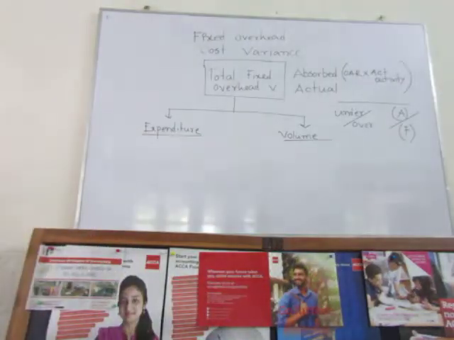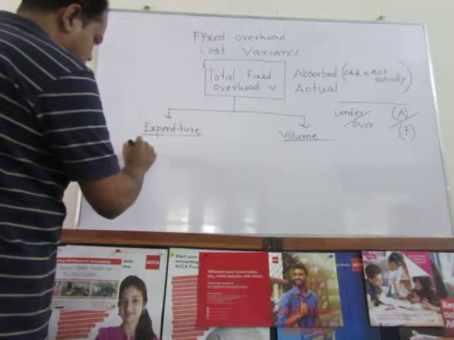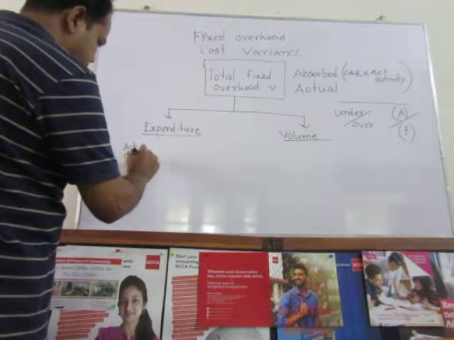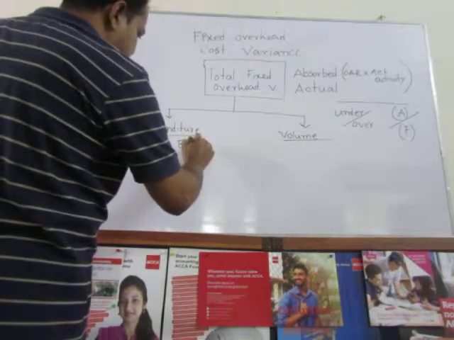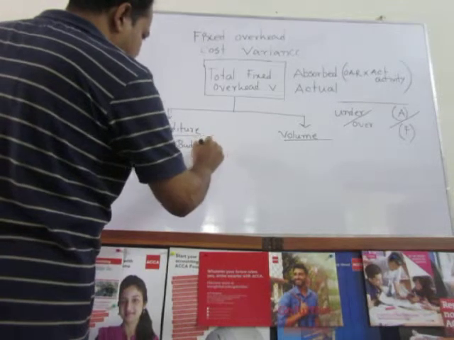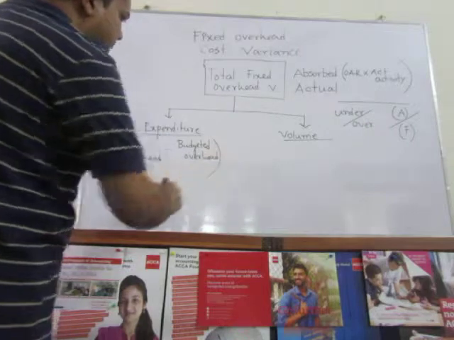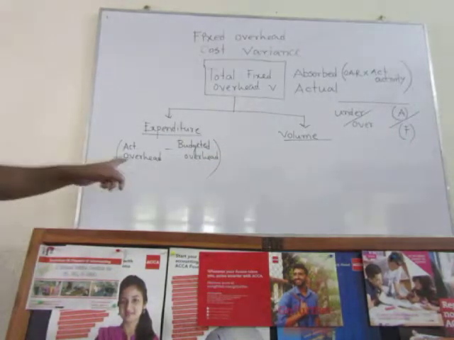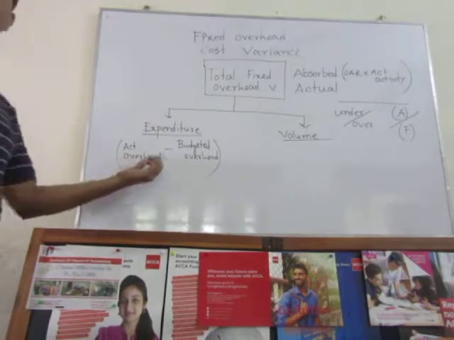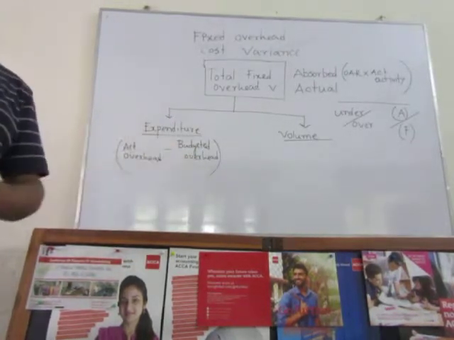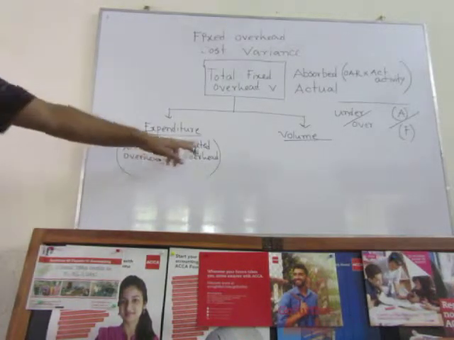Fixed overhead expenditure variance is actual overhead minus budgeted overhead. When you are comparing these two, actual overhead minus budget overhead, if I put budget overhead minus actual overhead first, there is no problem either. Now the thing is, actual overhead minus budget overhead.